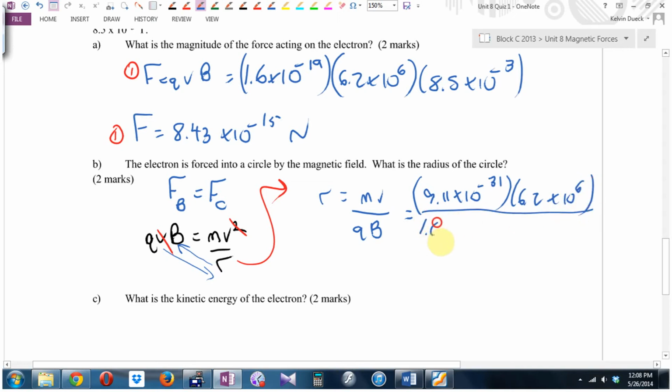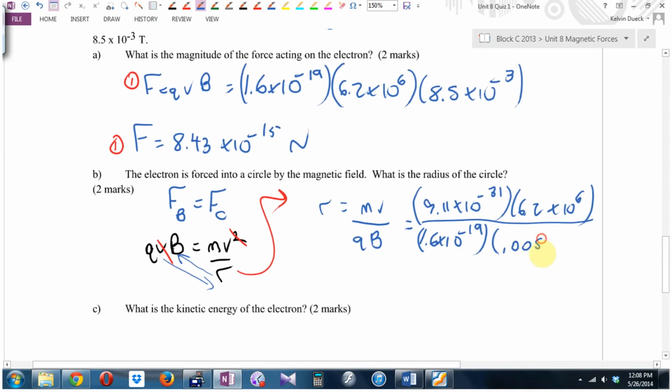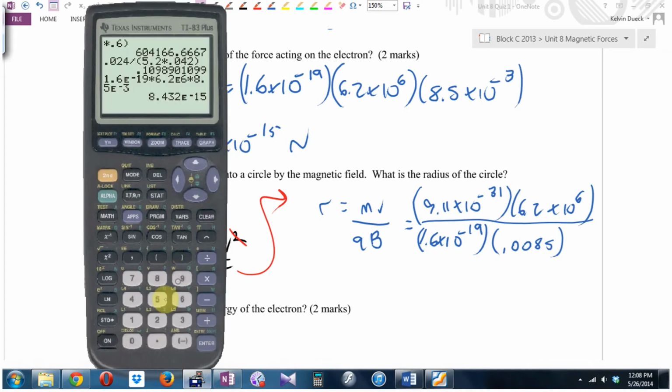Q, it's an electron. B, what was the magnetic field? 0.0085, or 8.5 times 10 to the negative 3. 9.11, 6.2, times 10 to the 6th, divided by 1.6 times 10 to the negative 19. 4.15 times 10 to the negative 3.